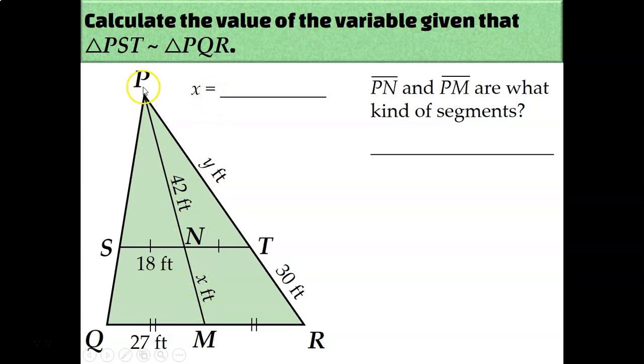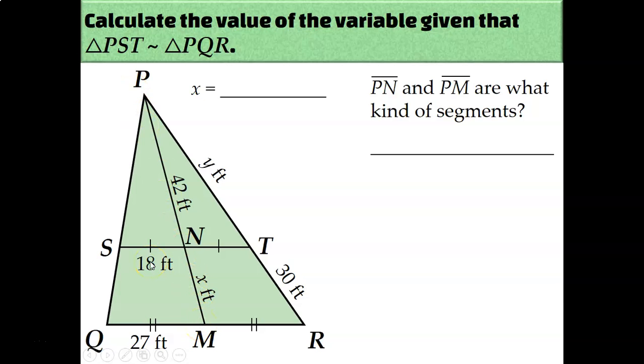X is part of one of the medians. 42 is the smaller median, but 42 plus x would be the bigger median, because I have to go all the way from P across the triangle to the third side. If I'm talking about triangle PQR, the third side of that triangle would be QR. So it's not just 42, and it's not just x. The larger median here is 42 plus x.